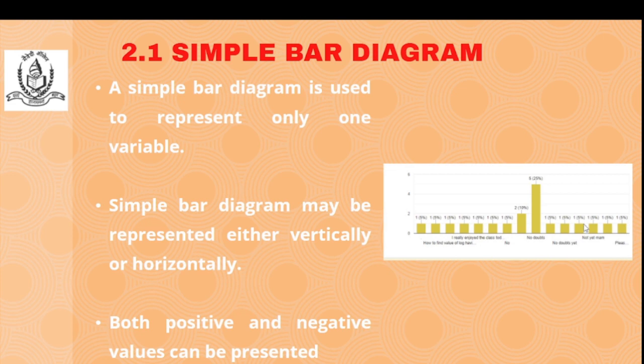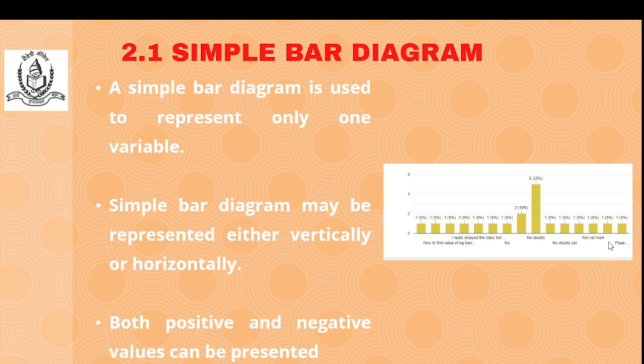If we look at this given simple bar diagram, you can see that it is a vertical simple bar diagram, and you can also see that all the values are in the positive direction. So the bars are drawn above the horizontal axis. If we also had some negative values in our data set, the bars could have been drawn below the horizontal axis.